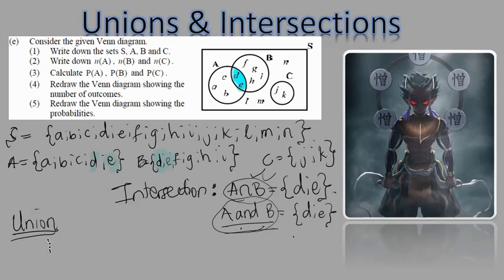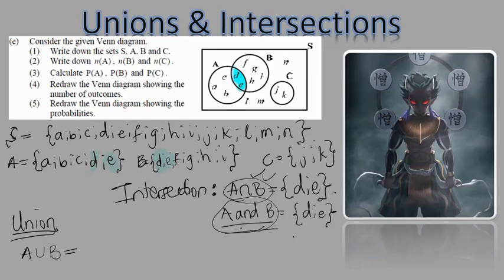Okay, the union now is, when we say the union of A and B, we are going to put it this way, A-U-B. That's the notation. And then when we say A-U-B, we are talking about something that is either in A or B or both, without writing the same thing twice.